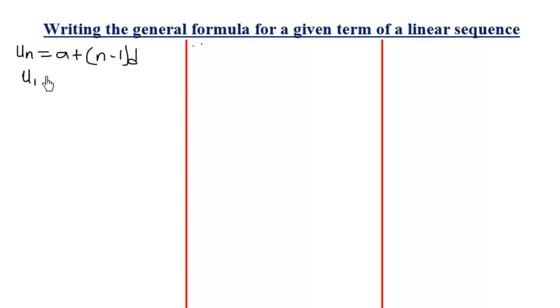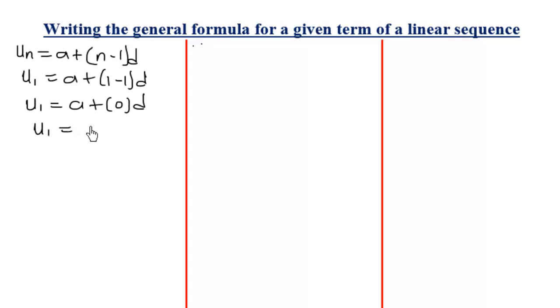So u1 equals a plus 1 minus 1 multiplying d. So the first term is a plus 0 times d. How do you get a 0? 1 minus 1 gives us 0. Therefore, the first term, u1, is equal to a plus 0 times d, and 0 times d is 0.